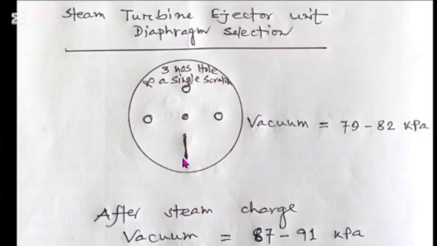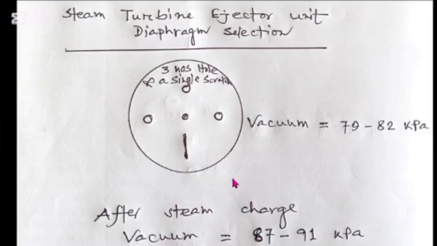In this position we started again, boxed up the ejector and then measured, the vacuum value is 79 to 82 kPa, and in this position when we charge steam, the vacuum goes to 87 to 91 kPa.